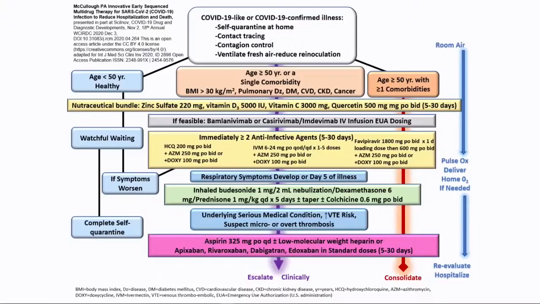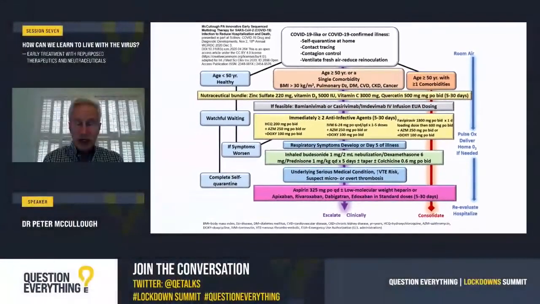Age under 50 and healthy, those patients should get a nutraceutical bundle, which is reasonably assistive: zinc, vitamin D, vitamin C, and quercetin in the doses shown, undergo watchful waiting, and then complete their self-quarantine. It can be as short as 4 days, depending on symptoms, or as long as 2 weeks. If symptoms worsen, then they move into the treatment program down the middle.